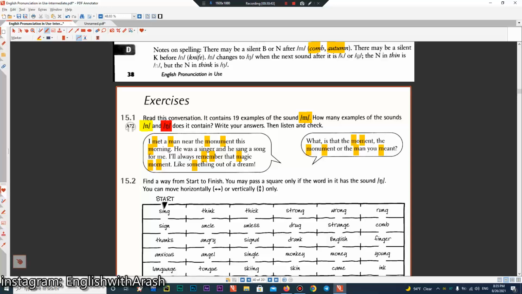That would be 1, 2, 3, 4, 5, 6, 7, 8, 9, 10, 11, 12, 13, 14, 15, 16, and 17. So I found 17 me sounds. Maybe I'm wrong, so correct me if I'm wrong.